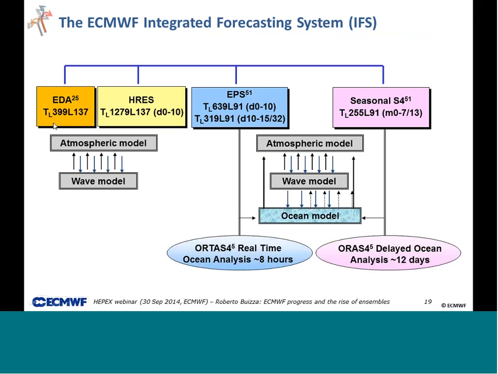I mentioned the ensemble of data assimilation, which provides analysis and uncertainty for the high resolution 4D-Var. We run a high resolution forecast up to 10 days, coupled to a wave model. We run a 51-member ensemble up to 32 days, twice a week, and twice a day up to 15 days, coupled to the ocean model from day 0, and we run a seasonal forecast once a month with 51 members up to 7 months, and 13 months every quarter.